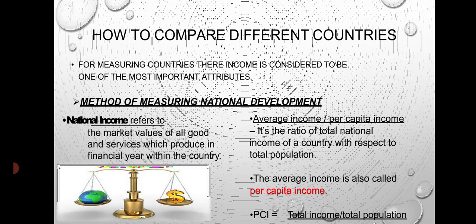And the average income is also called per capita income. And the formula to measure the per capita income is the total national income divided by the total population. But this measure has certain limitations.